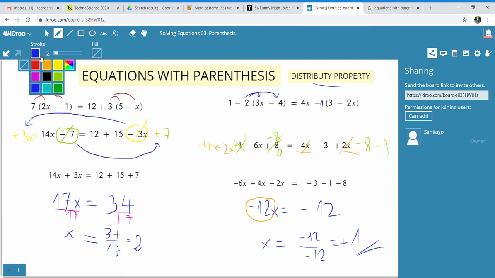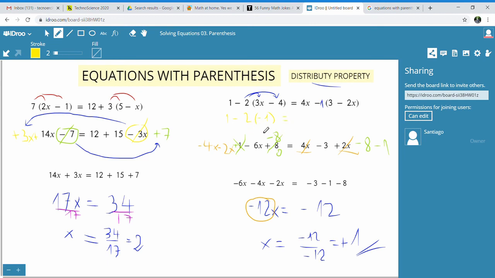Let's try it. Okay, this is what we call check the equation. Let's take color yellow. Okay, so here is 1 minus 2, and now 3x, which is 3, minus 4, sorry, is minus 1. So the bracket is 3 times 1 minus 4, which is minus 1.